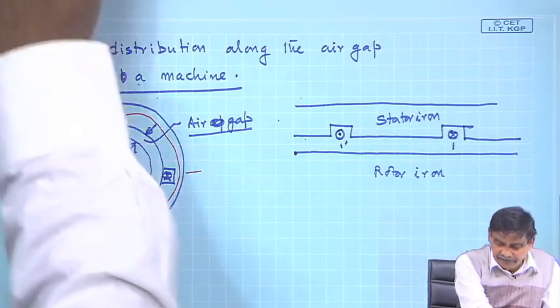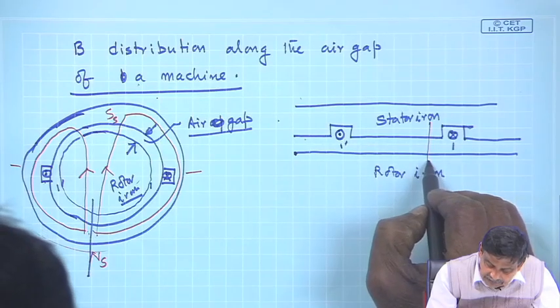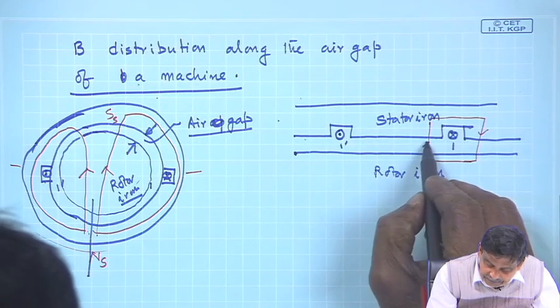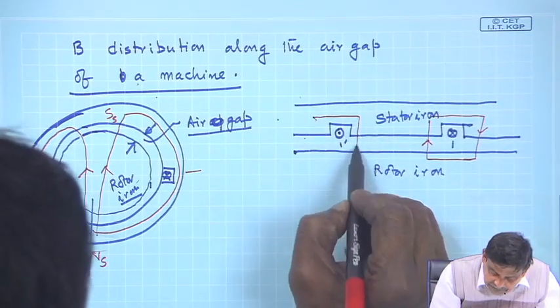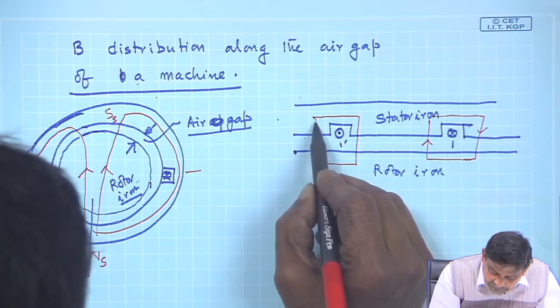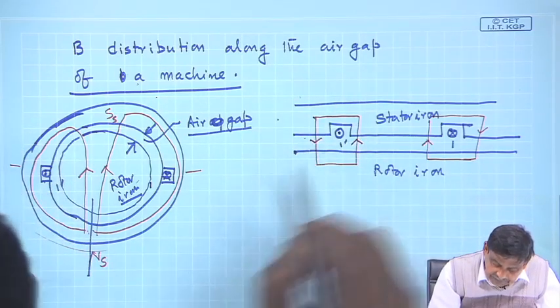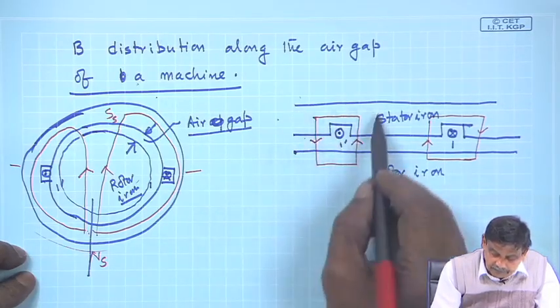And just first I will draw the lines of force. It will be somewhat like this, cross current, and I will draw the lines of force. It will be like this. Symbolic one I have drawn, there are several.